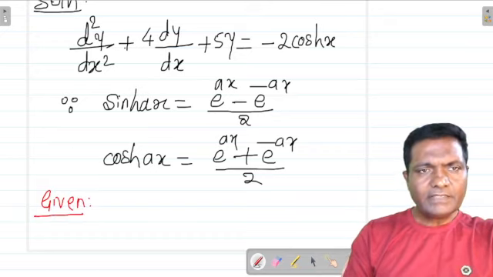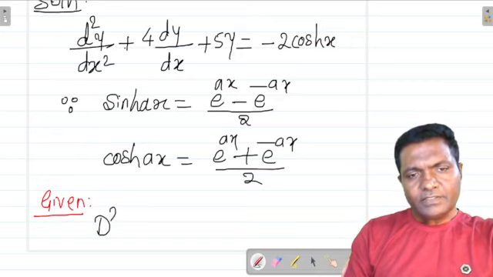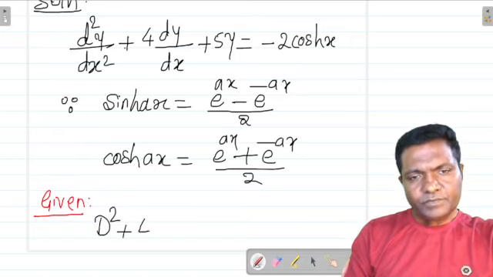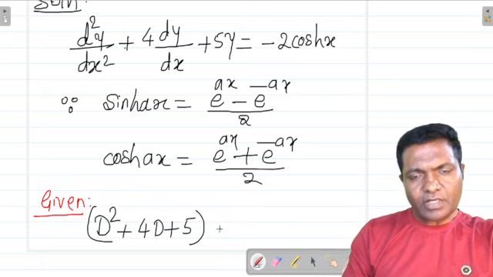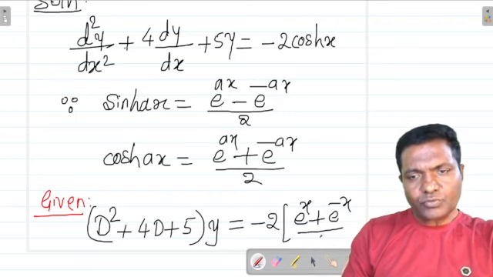So first, the given equation can be written, taking d by dx as d, as d square plus 4d plus 5, with y kept outside since y is common, equals minus 2 into cos hyperbolic x, which can be written as e power x plus e power minus x by 2.